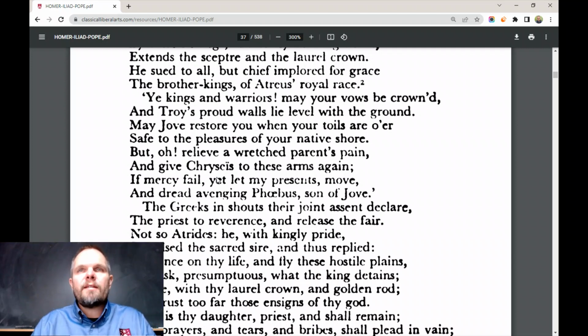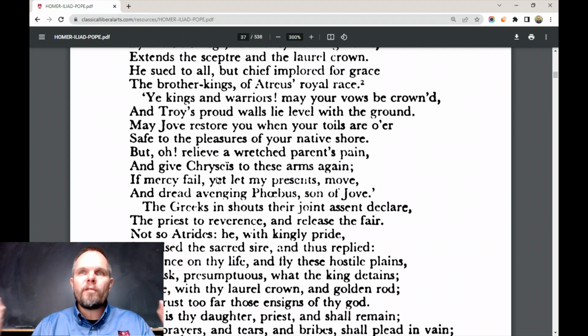So this is Chryses, and don't confuse Chryses the priest with Chryseis, his daughter. This is Chryses' prayer or begging to the Greeks for mercy. He says, first of all, as a priest, I pray to Apollo that your vows may be crowned, and Troy's proud walls lie level with the ground.